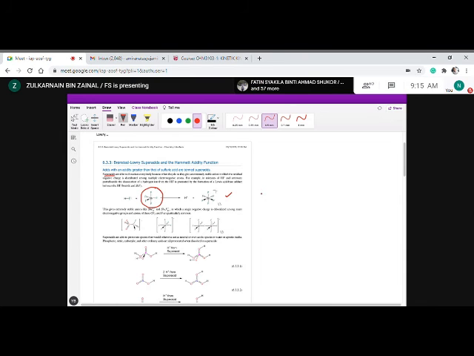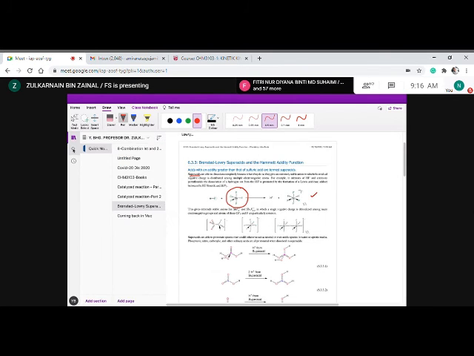It is super strong. So the ability to do that is now seen through the Hammett acidity function. Okay, let us see further on this one.